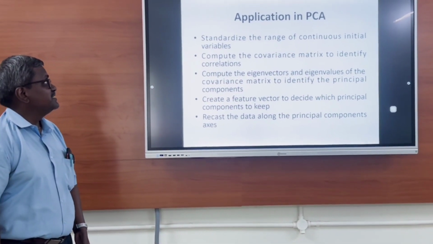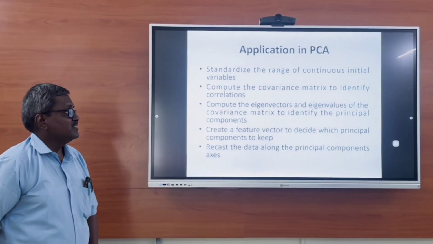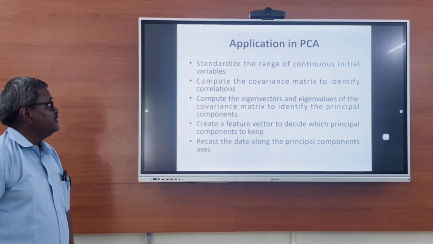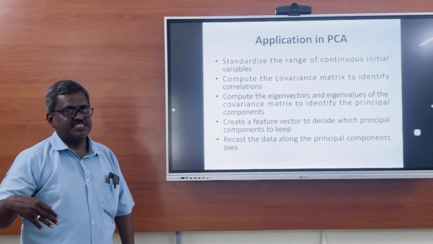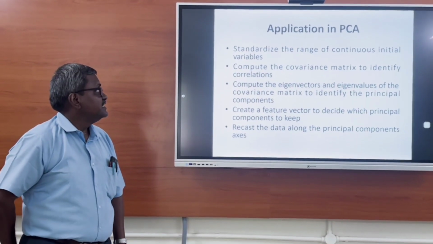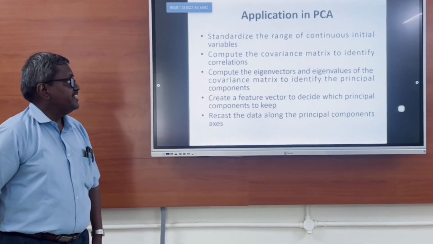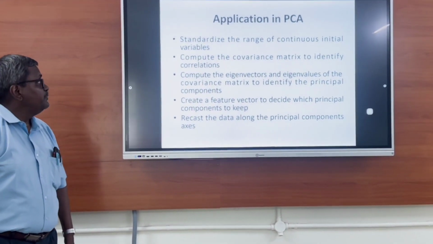The first step is standardization. The attributes are continuous variables. We have to standardize. I'll just be talking about that, how we have to standardize that. Then we have to find the covariance matrix from the attributes.